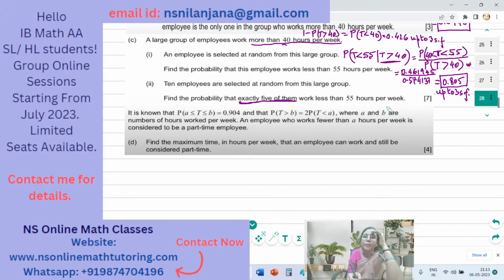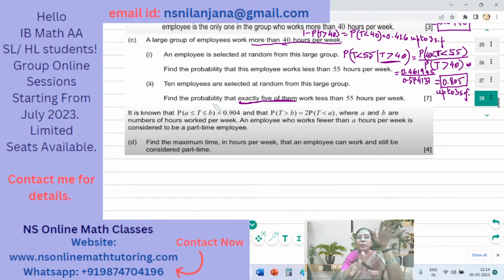We have a conditional probability in that sense that the group that we have selected, those people work for more than 40 hours, but maybe working less than 55 hours or maybe working more than 55 hours per week, but definitely are working more than 40 hours. And out of this group, 10 employees are selected.